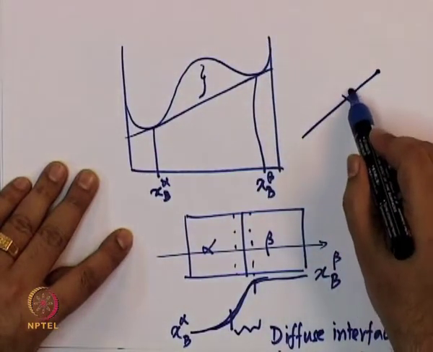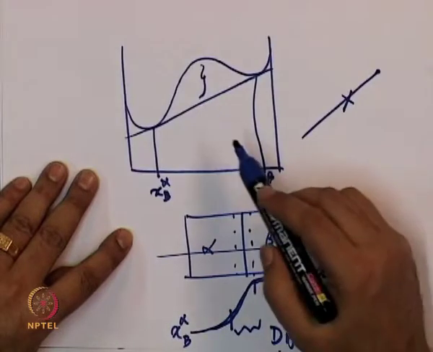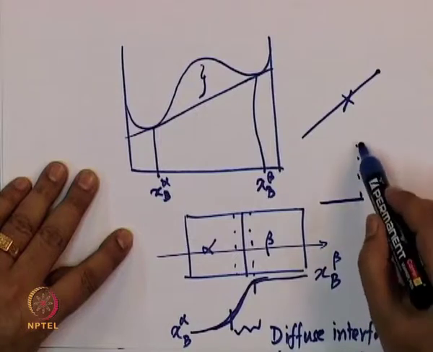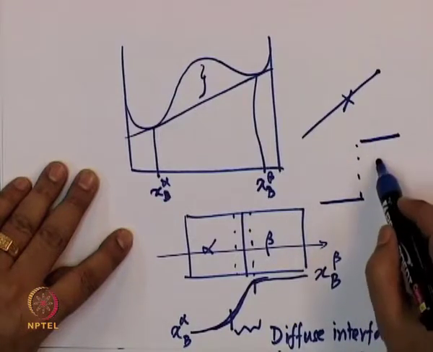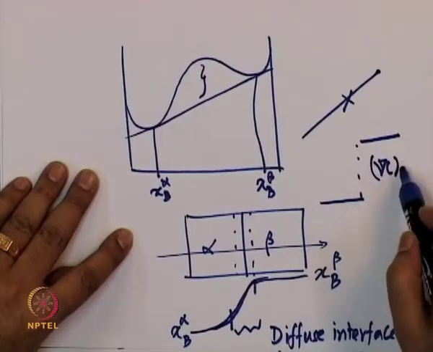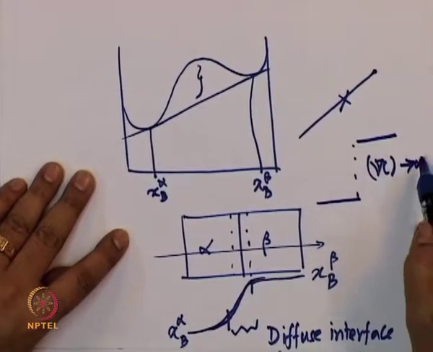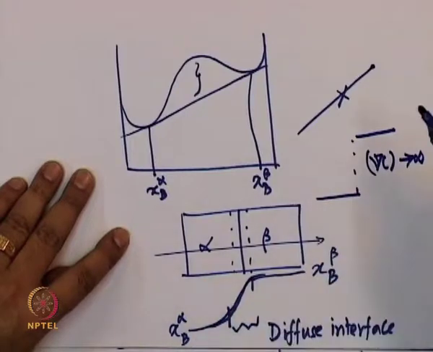So, this is not preferred. On the other hand, if you make the concentration take a discontinuity here, the del C term goes to infinity, because there is a discontinuity, and that contribution to free energy is going to become very high.